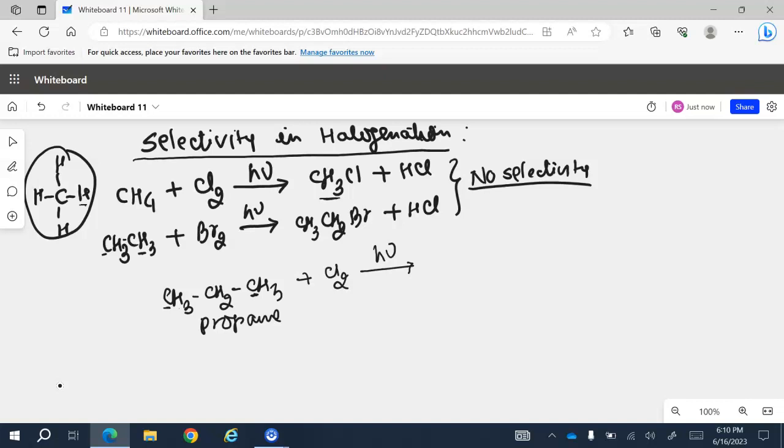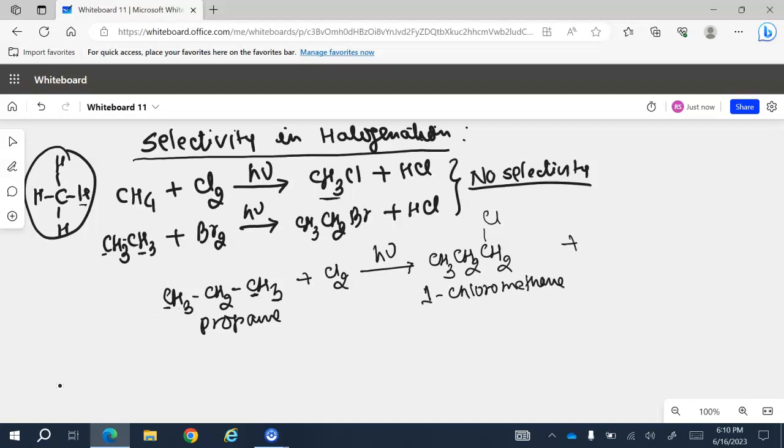If you substitute one of these hydrogens by chlorine, the result is going to be CH3CH2CH2Cl, 1-chloropropane, the product.